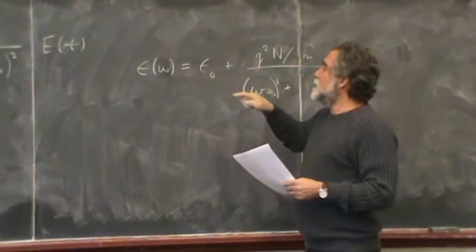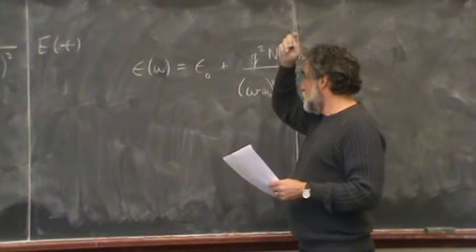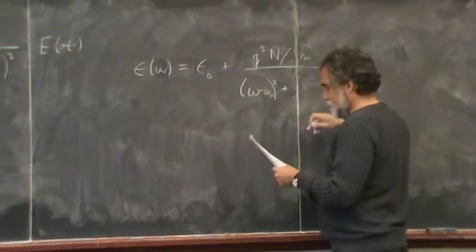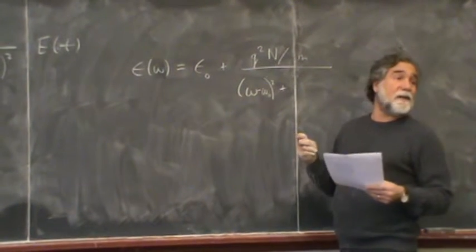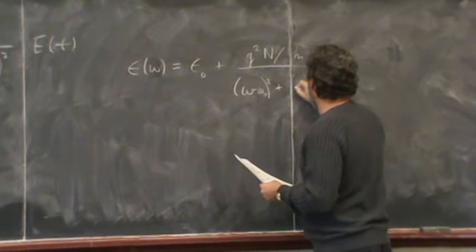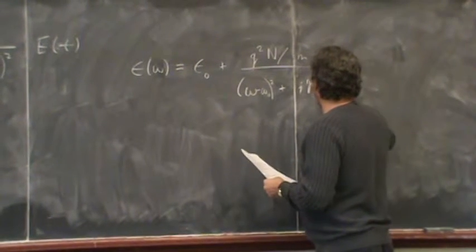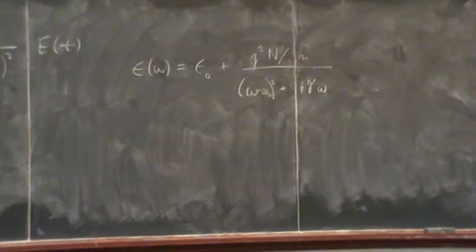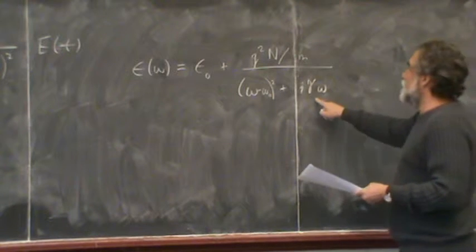I haven't introduced loss, I'm going to add it in here, because you solved the differential equation anyway. Gamma, the damping factor in the differential equation. So I've included a damping term here.